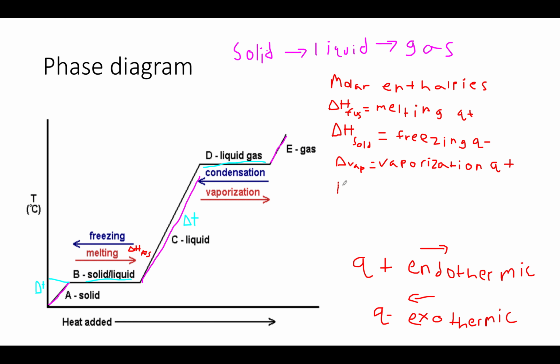The opposite, the heat of condensation. We're condensing the gas into a liquid. We're going the opposite direction. If we're going in the opposite direction, Q will be negative. It's an exothermic change.